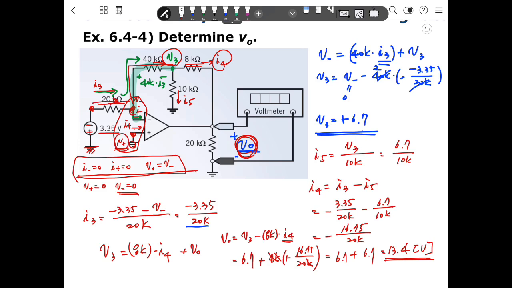So get the V plus, calculate current. Based on this current, we can calculate this voltage. Based on this voltage, you can calculate current. From the current, you can calculate the V out here. So we can get the variables step by step. That's a way to solve an electric circuit having the op-amp.